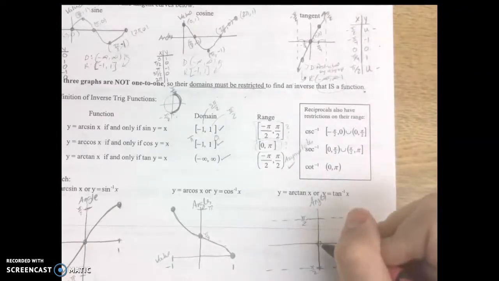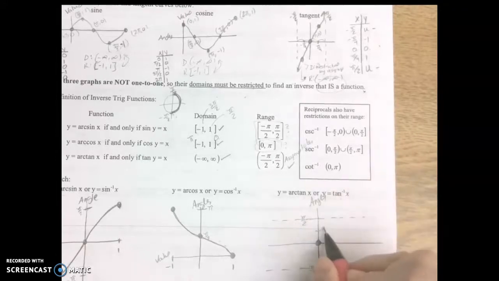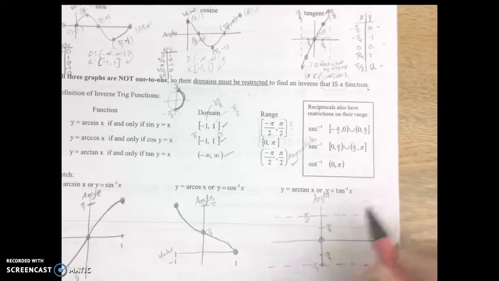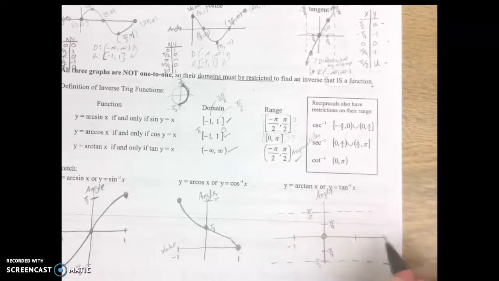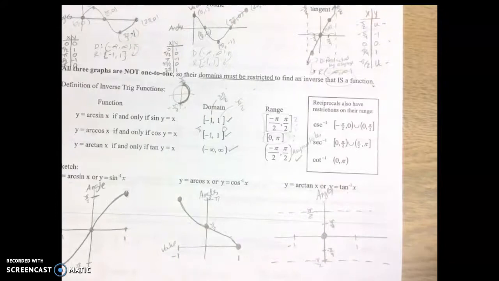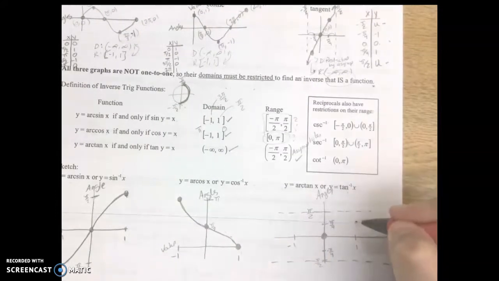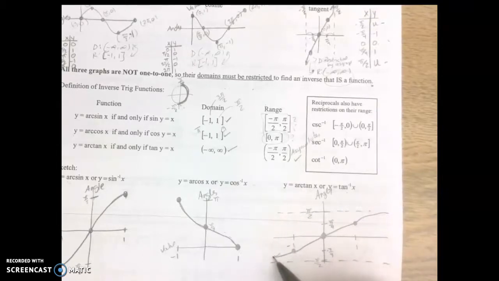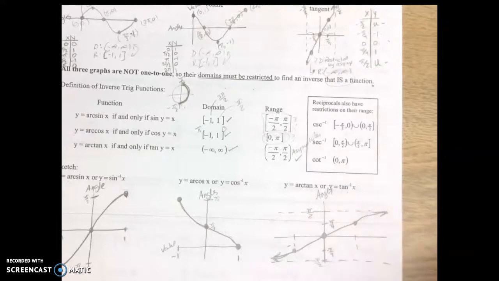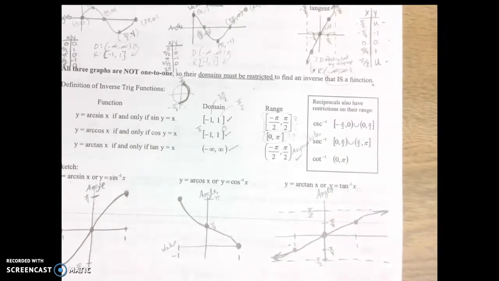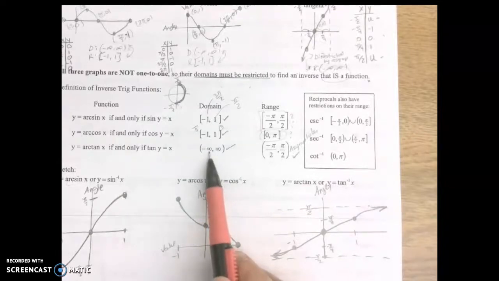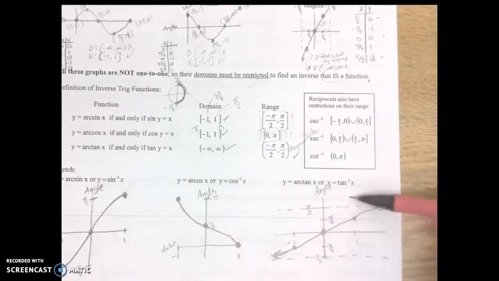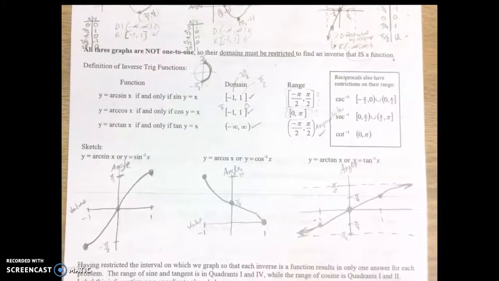This angle is going to be pi over 4, and this will be -pi over 4. So that's -1, that's 1. When the angle's pi over 4, the tangent value is actually 1. When the angle's -pi over 4, the tangent value is -1. So here's my arctangent function. And so here we definitely see that the domain is all real numbers, and that the range is restricted to these asymptotes.